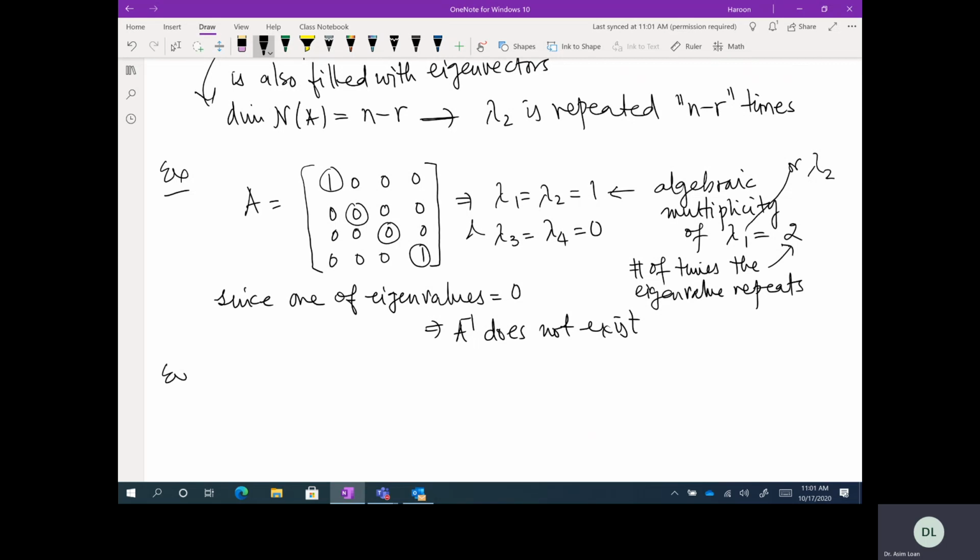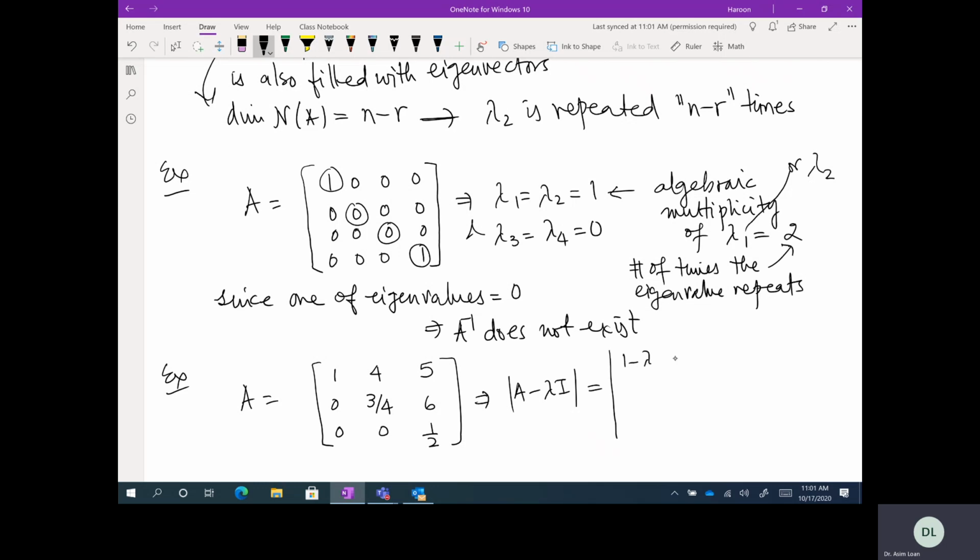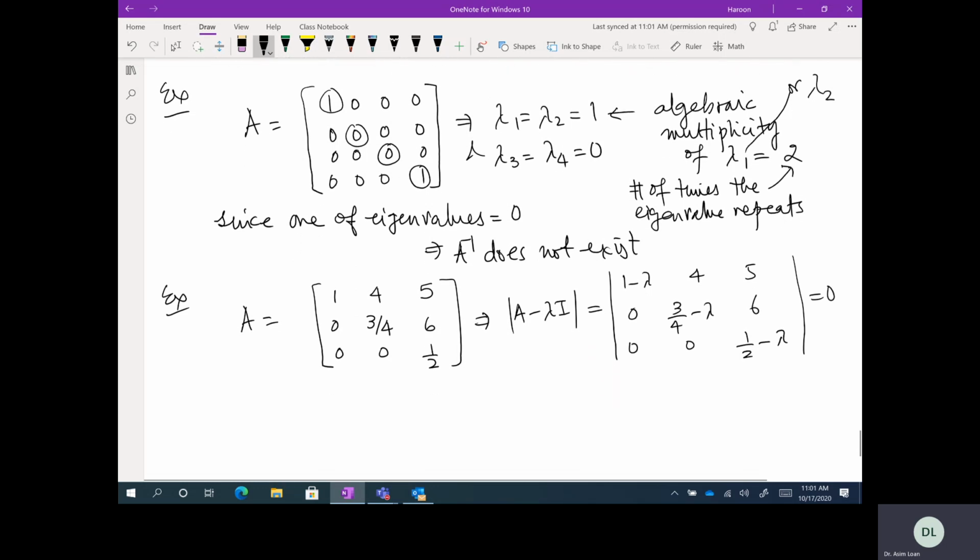Before I stop, if A is a triangular matrix, whether upper or lower triangular, with rows 1, 4, 5; 0, 3 by 4, 6; 0, 0, half, we know the determinant of A minus lambda I is 1 minus lambda, 4, 5; 0, 3 by 4 minus lambda, 6; 0, 0, half minus lambda, set equal to 0.